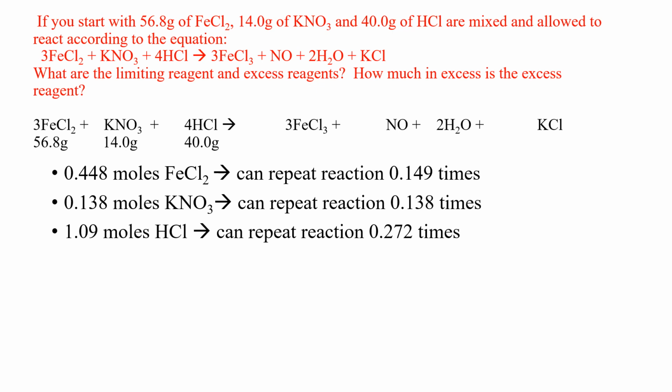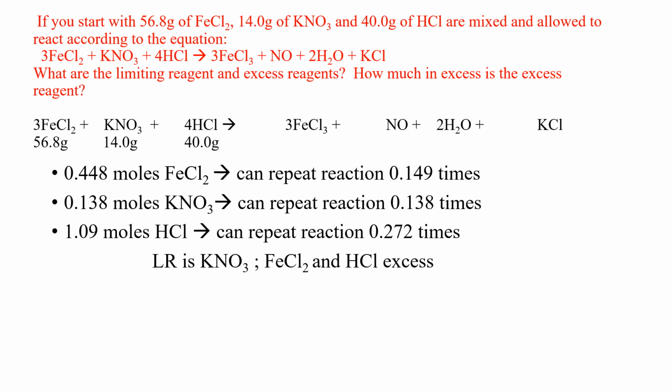So now comparing the number of times you can repeat the recipe or the reaction per reagent, so 0.149 times, 0.138 times, as well as 0.272 times, which one is going to be your limiting reagent? In this case, it's going to be the potassium nitrate. Now again, just because potassium nitrate also has the least mass in grams, 14.0 grams, it doesn't mean that that's always going to be the limiting reagent.